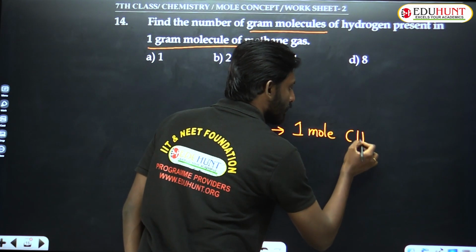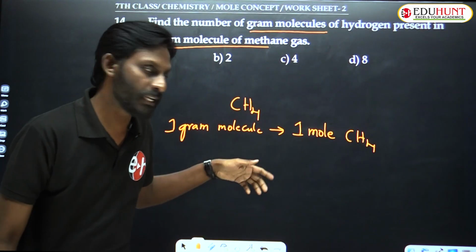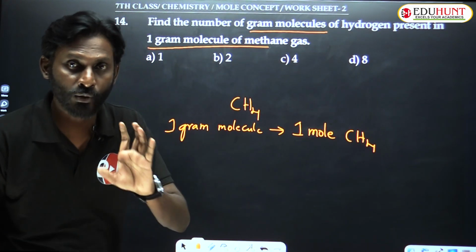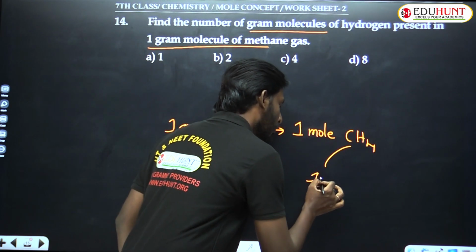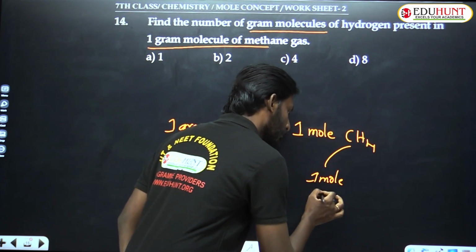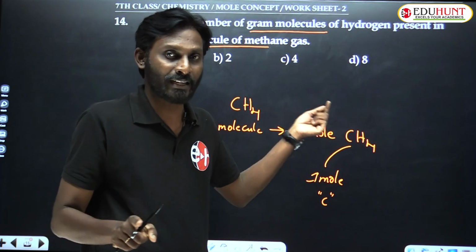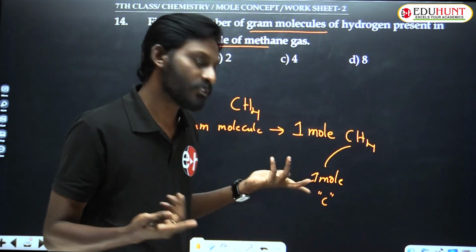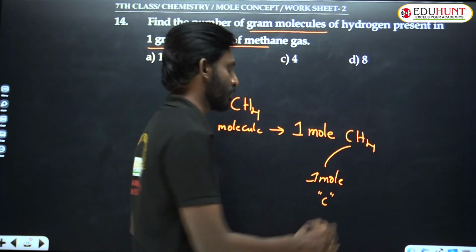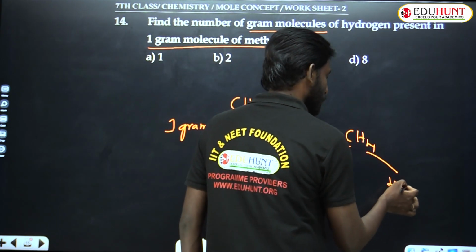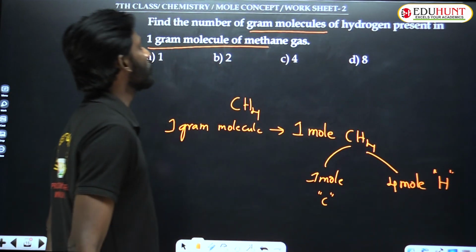So 1 mole methane. But look at the formula. 1 mole methane contains 1 mole carbon, because every CH4 molecule contains 1 carbon, 4 hydrogen. So, 1 mole CH4 contains 1 mole carbon, 4 mole H atoms.